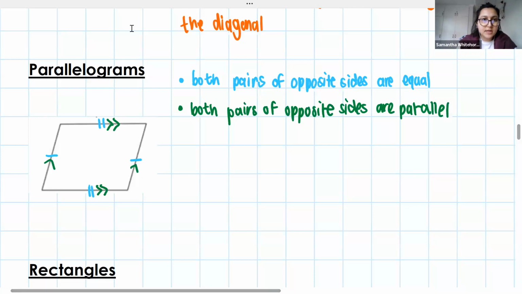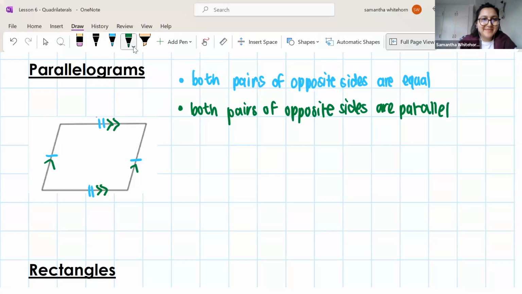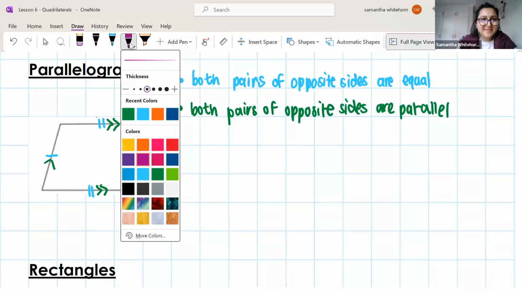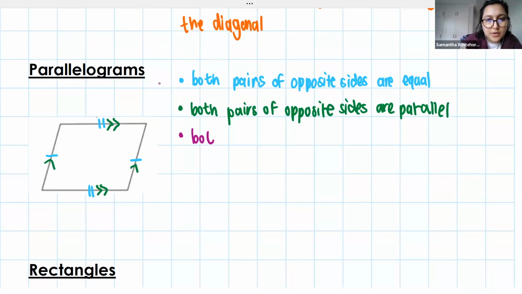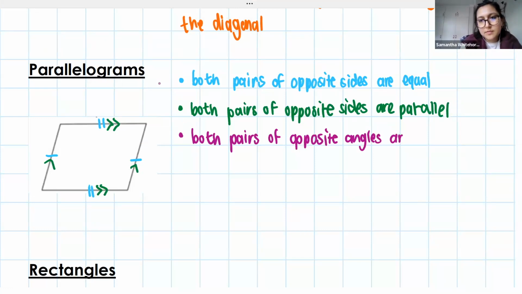Lubanzi, another characteristic? Opposite angles are equal. Perfect. So both pairs of opposite angles are equal. And so what that means is that this angle is equal to this angle, and that angle equal to that angle.